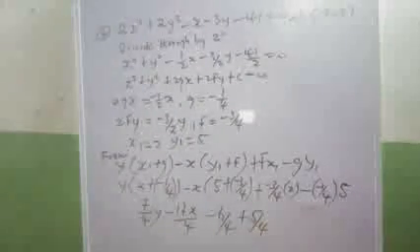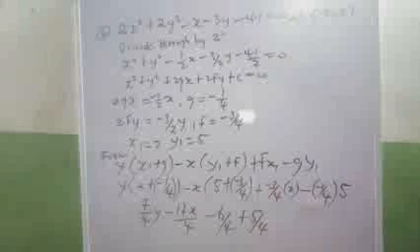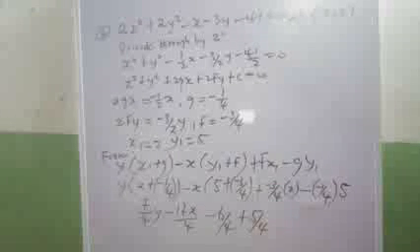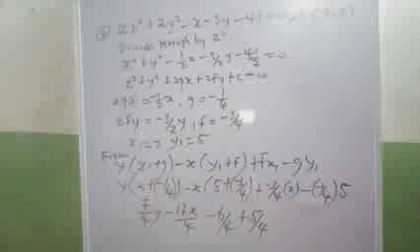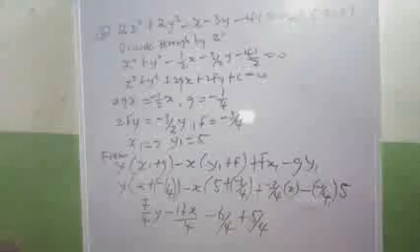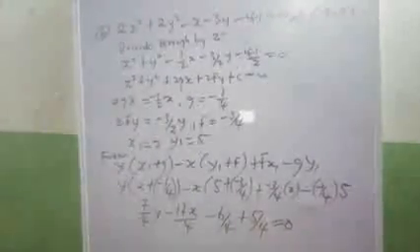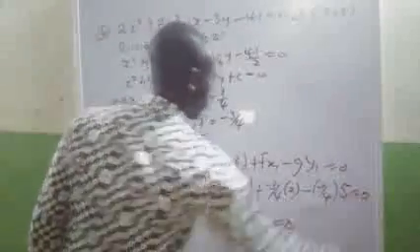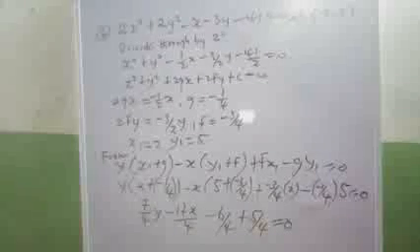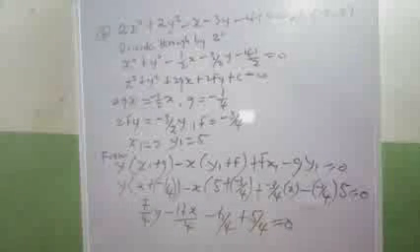So if you solve that very well, you multiply through by 4. This is equal to 0. Let me put equals 0 so that we don't forget that.